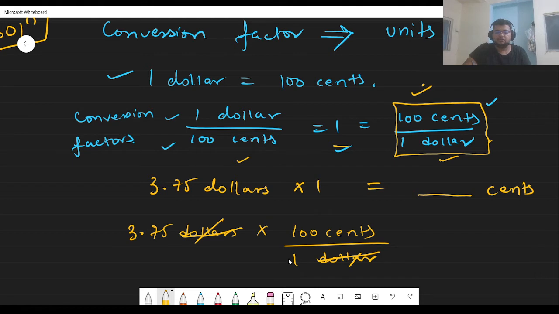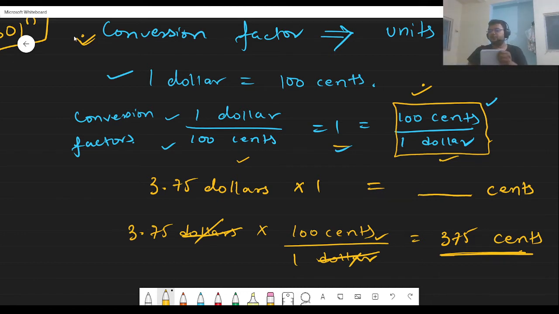The 1 in the denominator is of no use. 3.75 times 100 cents will be 375, and the cents remain, so I write cents. Our answer is coming. Basically, what we studied is that we need a conversion factor, and it will be given in the question itself. We'll do four or five questions and see if we are able to get it.